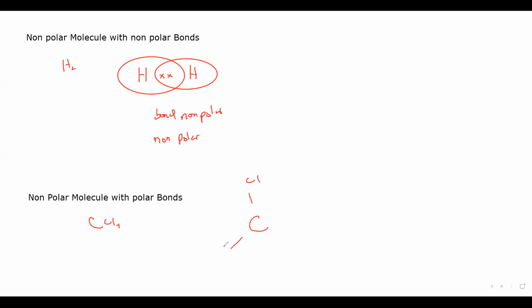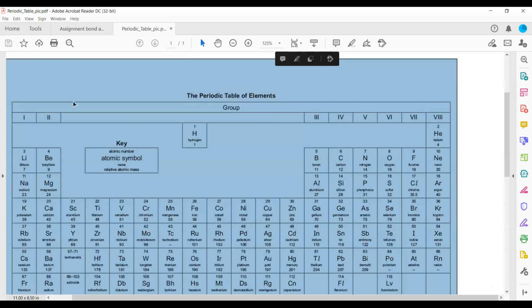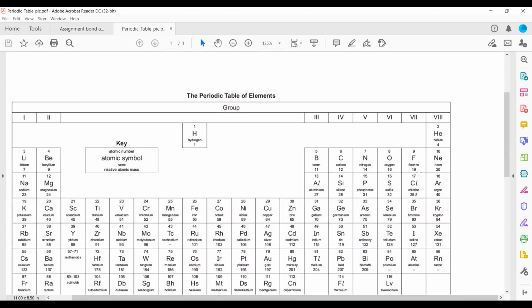Carbon is bonded with four chlorines, and when we check the electronegativity in the periodic table, chlorine belongs to group 7, and carbon belongs to group 4. So carbon will be less electronegative, because when we move across the period the electronegativity increases.